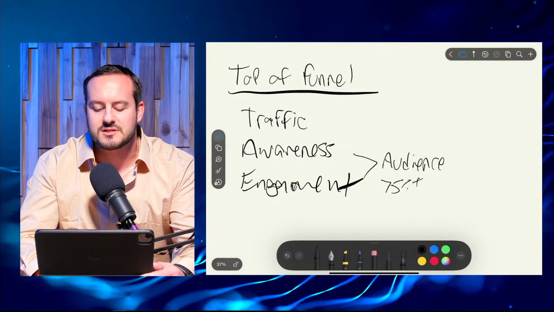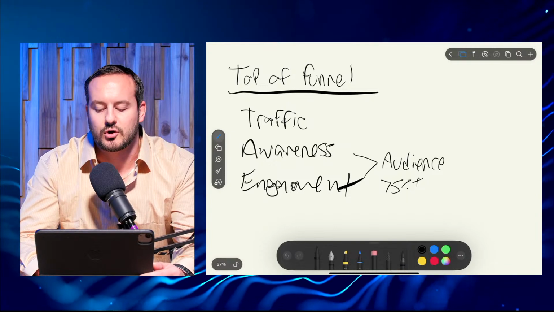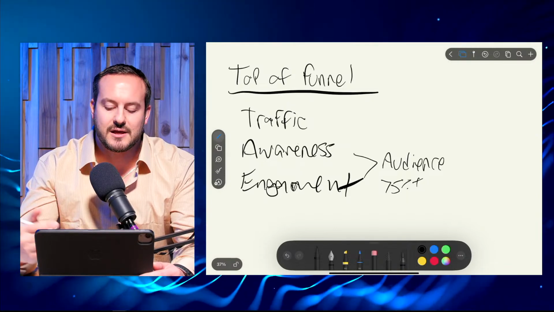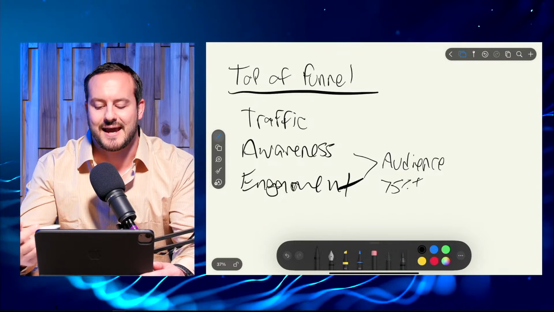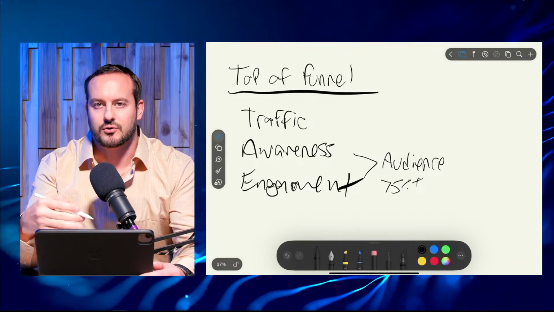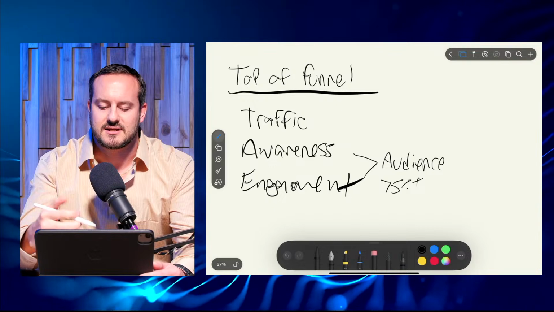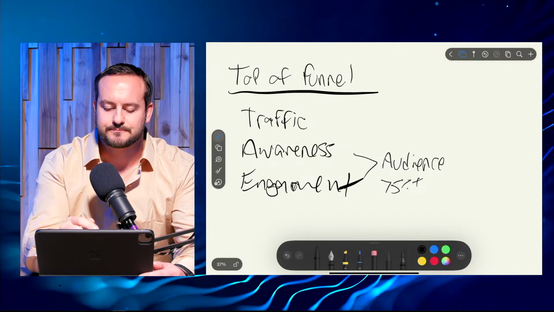So the awareness and engagement style could be a good way to either test creatives, test copy, but also to build audience, which is difficult to do if you don't have an organic strategy or a way to build a warmer audience type of strategy.